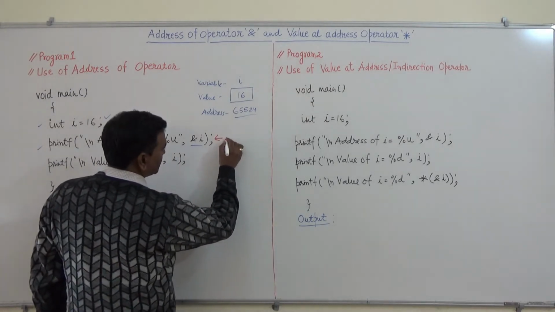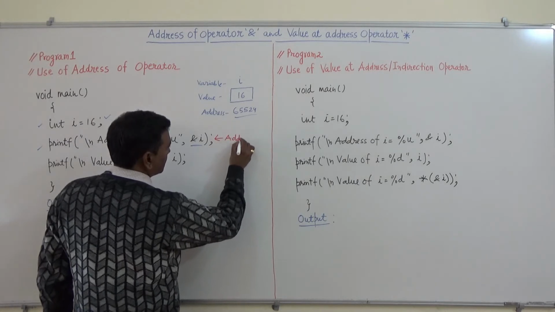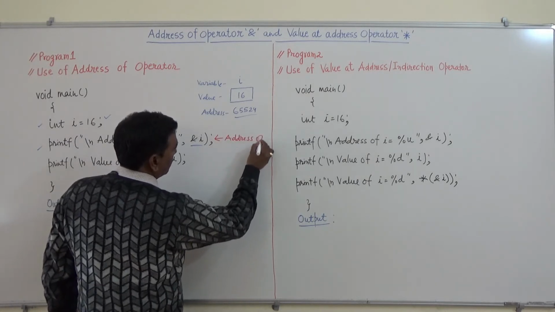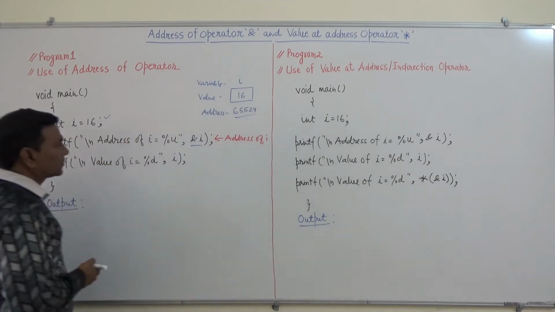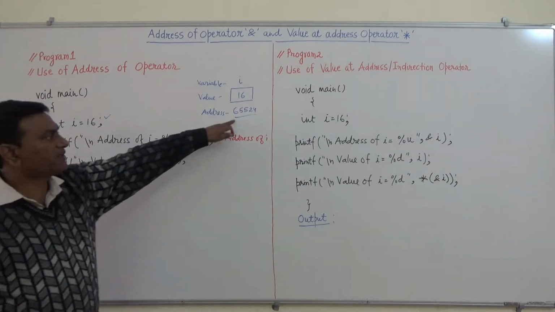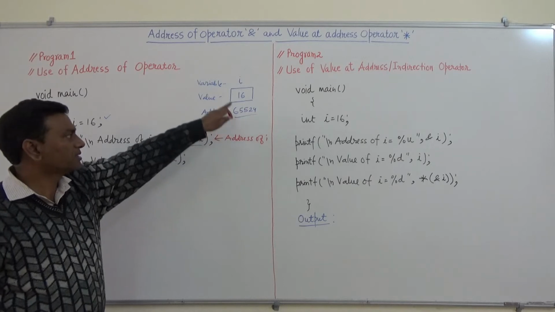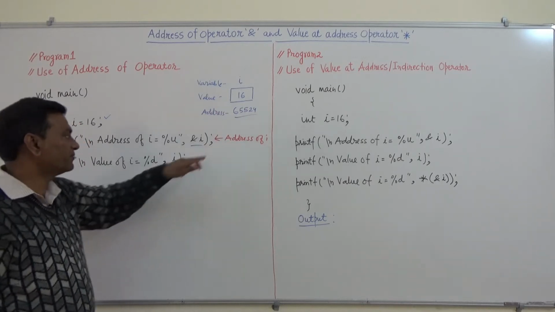It can be read as address of I. So it will print 65524 because the address of 16 is 65524.